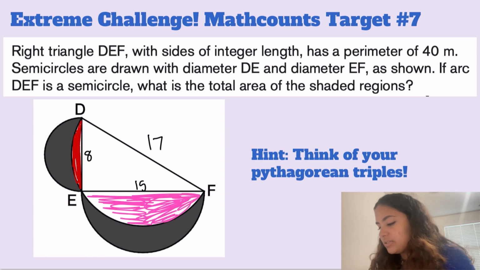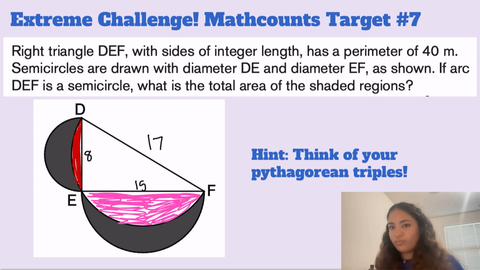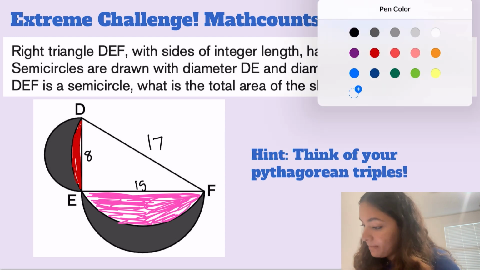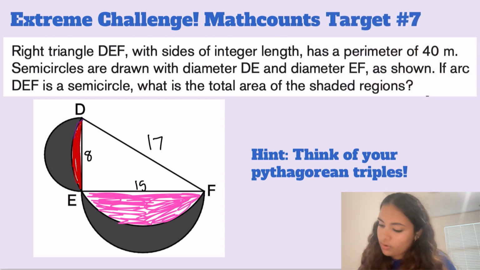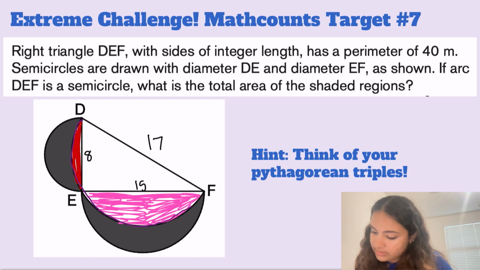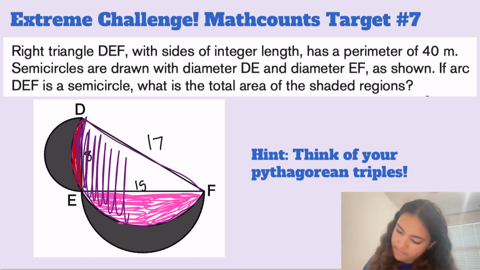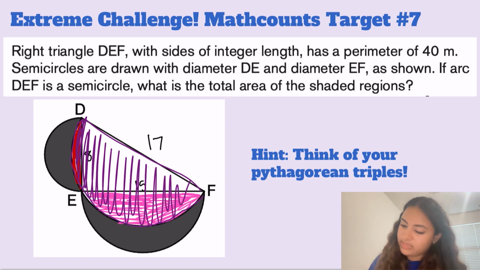So at first it seems like we don't have a way to find this pink and red region because it's not a semicircle and it's a shape we don't have a formula to solve for, but we can actually observe that the red and pink region, along with triangle DEF, make up a bigger semicircle, which is this semicircle right here. It's a little bit difficult to see, but this is a separate semicircle.